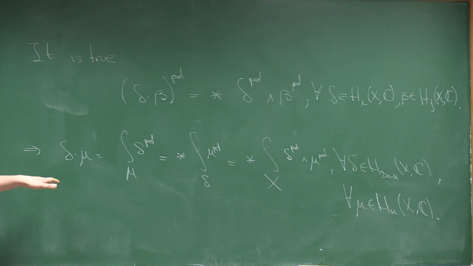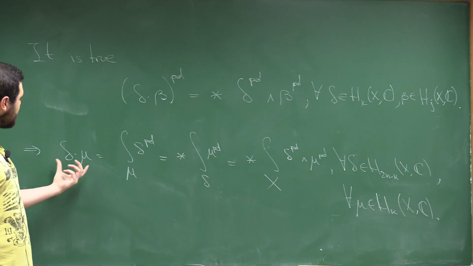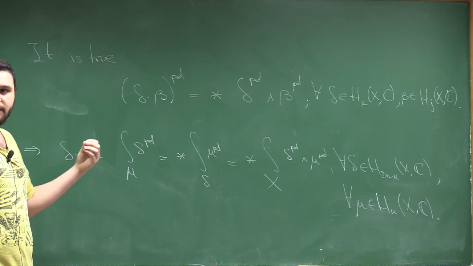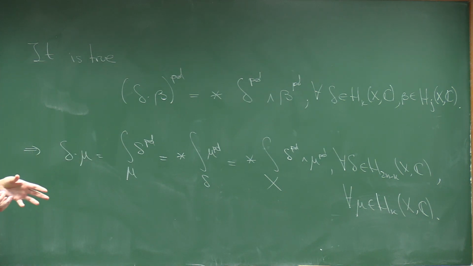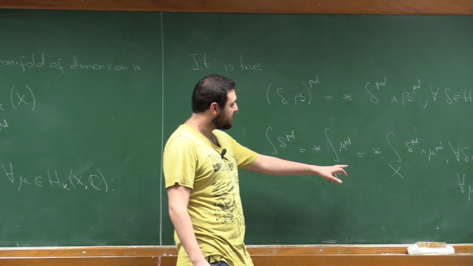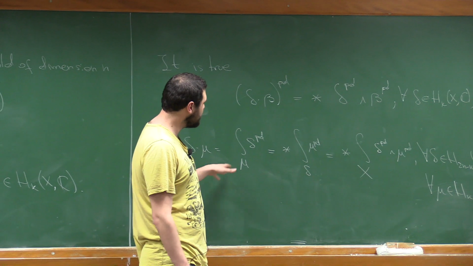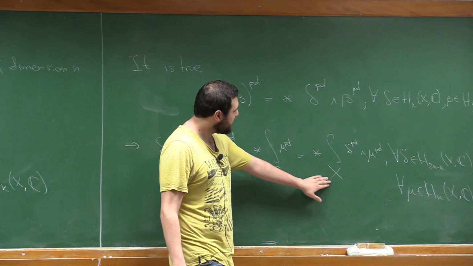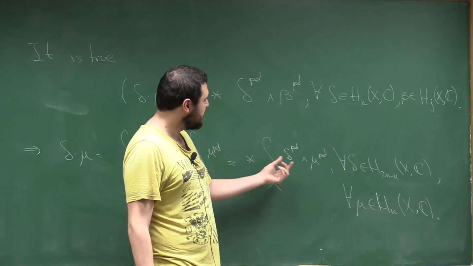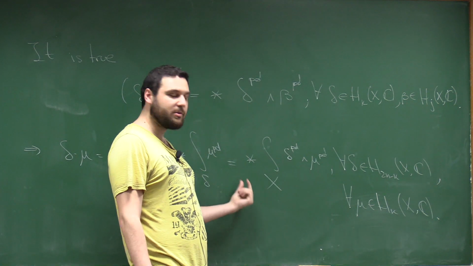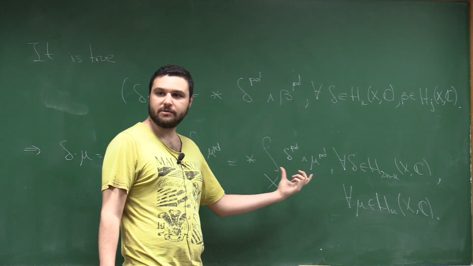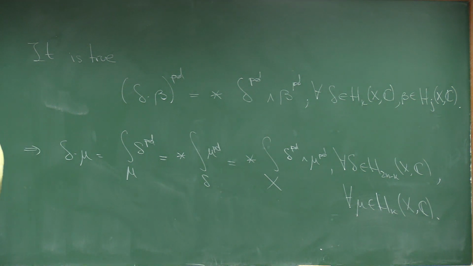I'm just using the Poincaré duality isomorphism for the intersection of delta times mu with the class of X. Delta times mu times the class of the whole X is equal to the integral over X of the PD of delta times mu, which will be some constant times this wedge product.